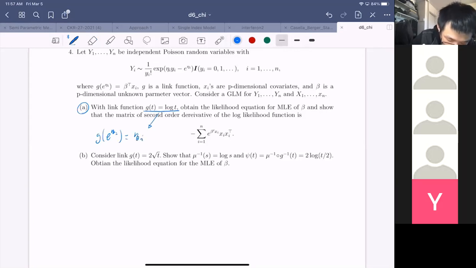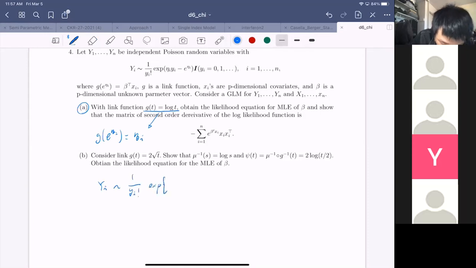Okay. So we know Yi follows this exponential, with mean exponential of Xi transpose beta.